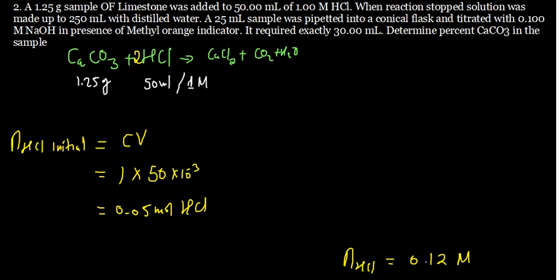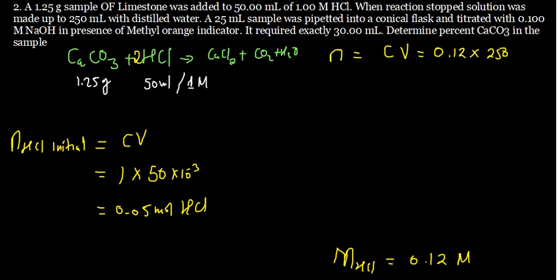So what we basically do is, number of moles is equal to concentration times volume. The concentration is what we've determined down here, 0.12, multiplied by the volume, which is 250.